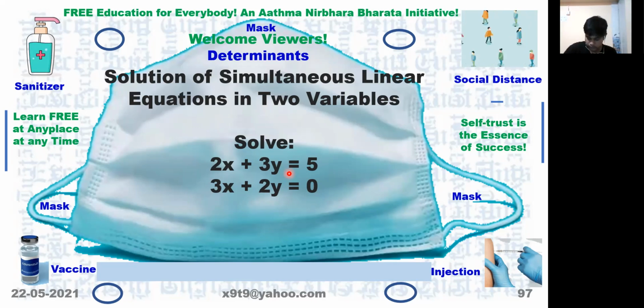So delta x is equal to 10. This 5 is a positive number. 10 minus 0 is 10, it's correct. So now we should find delta y.